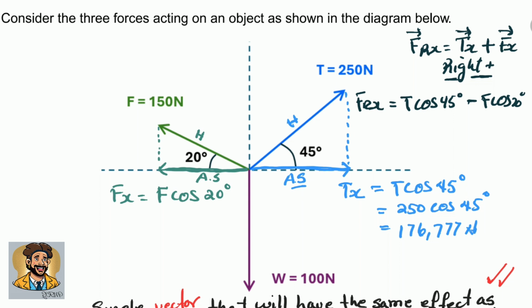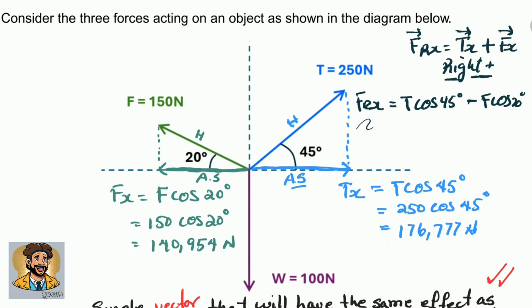This one is to the right, so this is going to be positive. And then F in X, if you substitute, we have 150 multiplied by the cosine of 20 degrees, and this is equal to 140.954 newton.